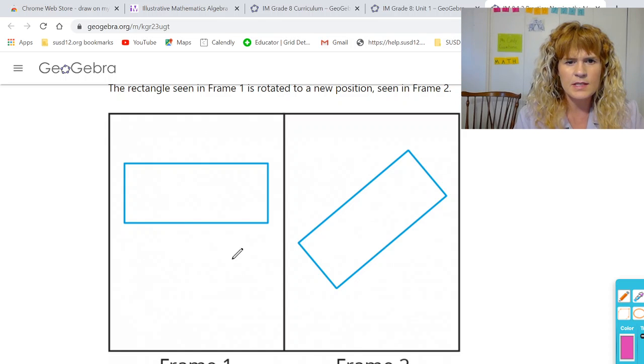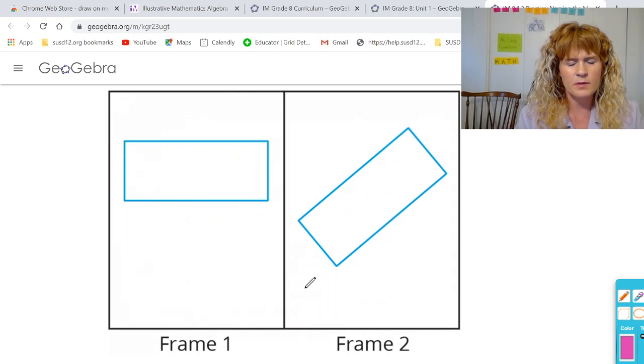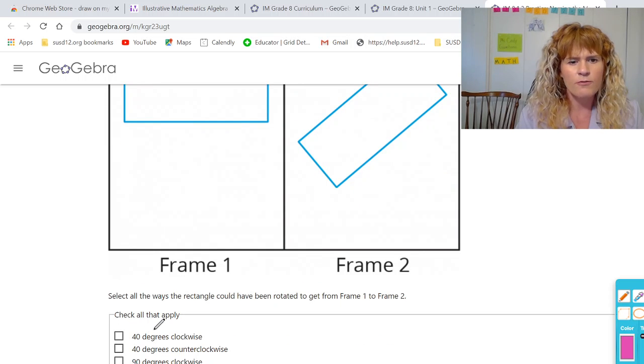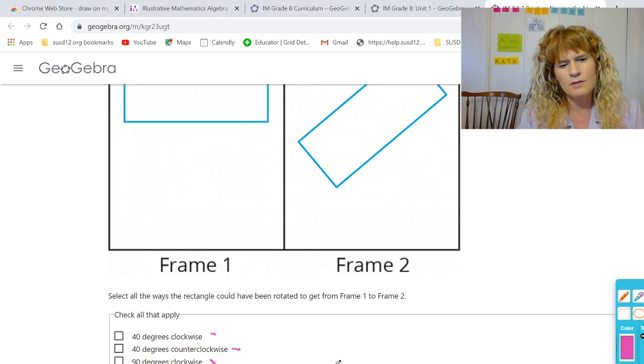Let me read the choices. 40 degrees clockwise, 40 degrees counterclockwise, 90 degrees clockwise, 90 degrees counterclockwise, 140 degrees clockwise, 140 degrees counterclockwise.